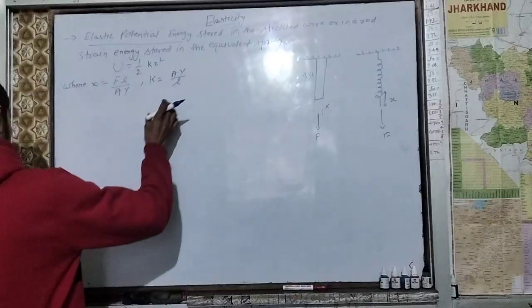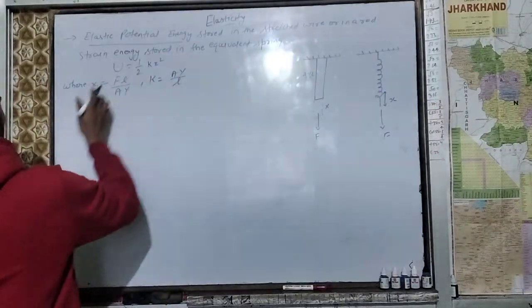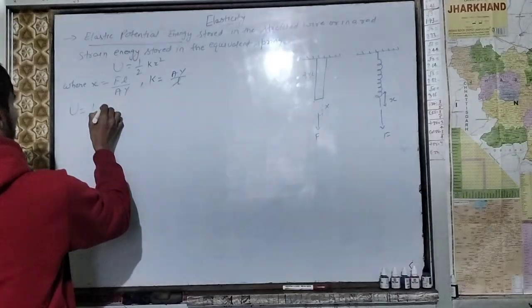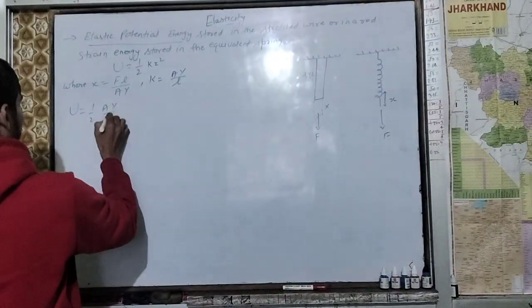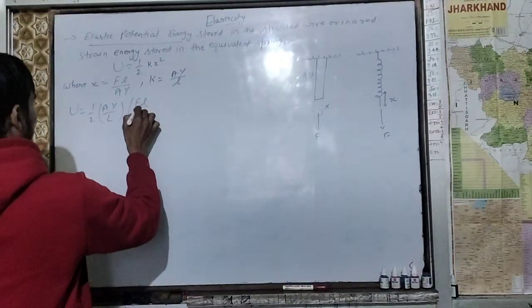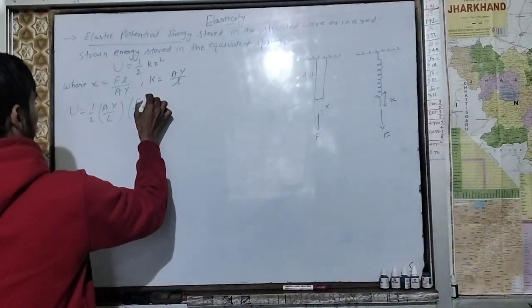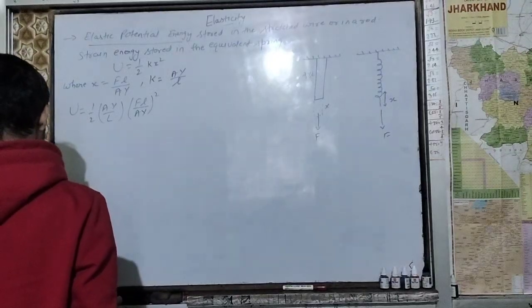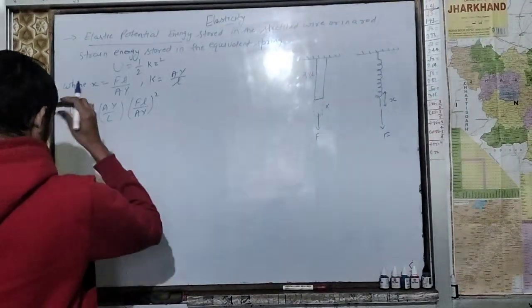So finally we can put this value in this equation. Then see what will happen: 1 by 2 into (F L upon A Y) raised to power 2.